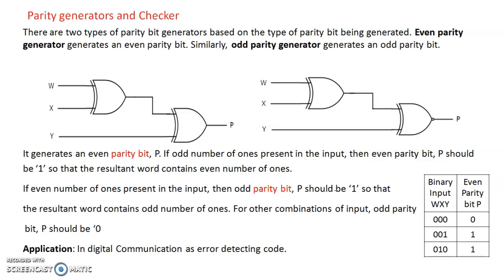Suppose you are given n number of bits, it will check the MSB bit and it will calculate the number of ones and zeros present in that parity word.